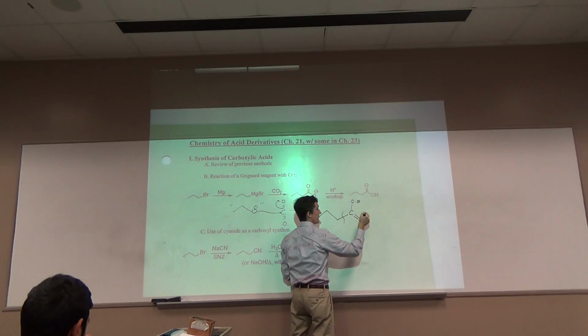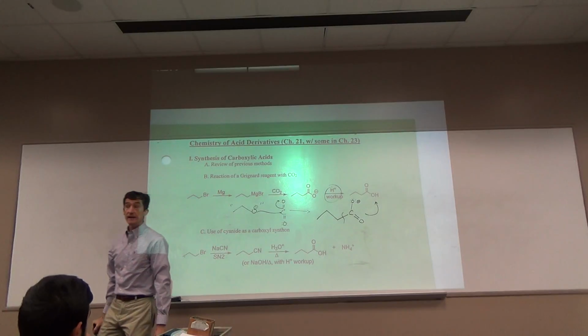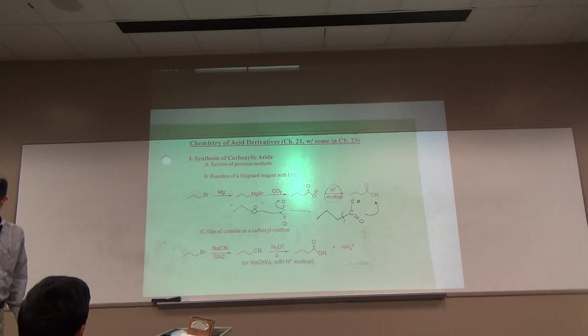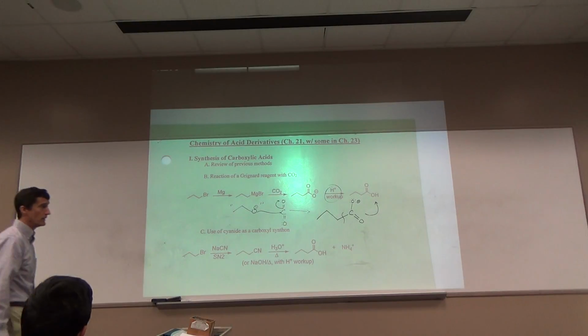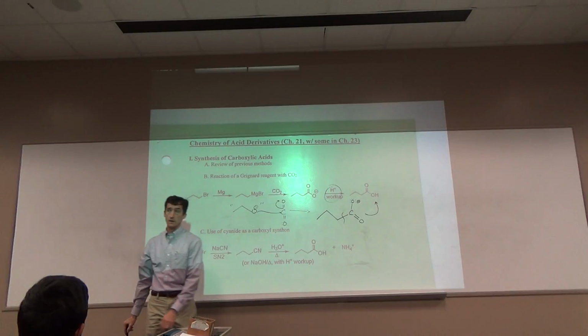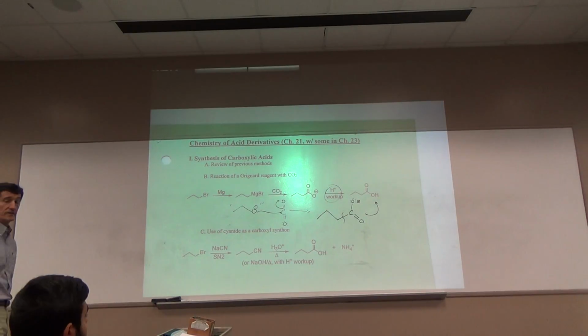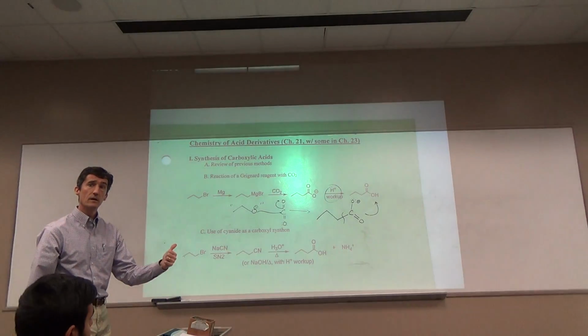How do we get the final product? You've got to throw in some acid. What's your favorite acid? HCl. Throw in some HCl, you'll protonate the, what do you want to call this anion here? What's the anion of an alcohol called?